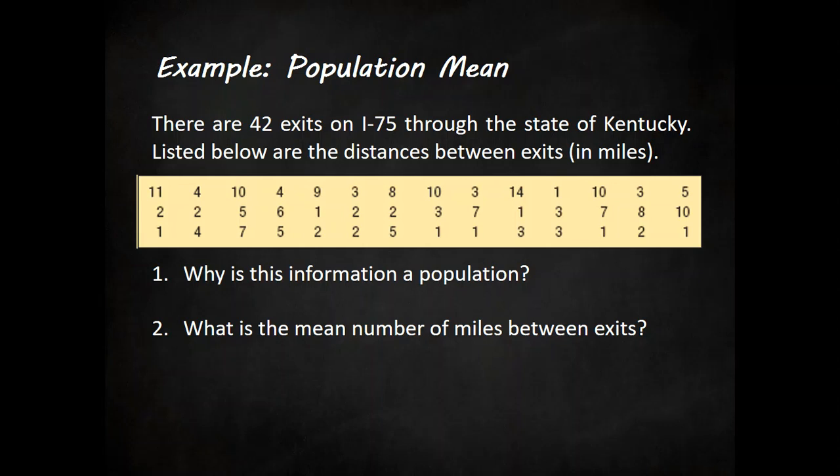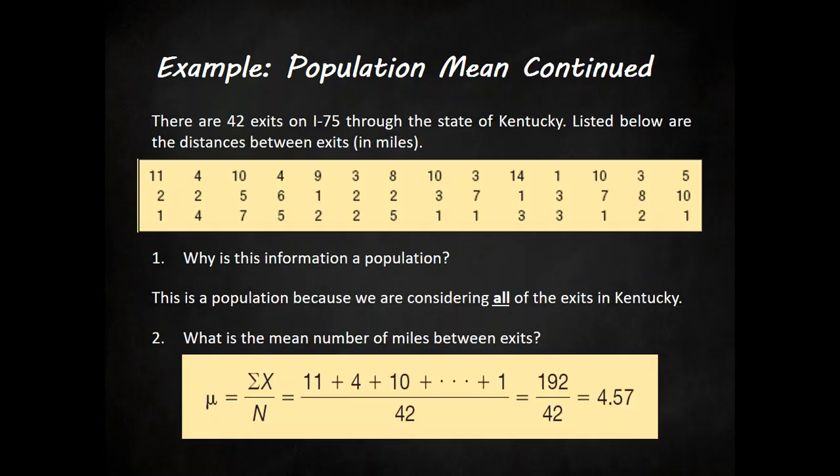And the next question is, what is the mean number of miles between exits? Because we want to know what is the average, or what is the mean distance. So we're going to look at the population mean.